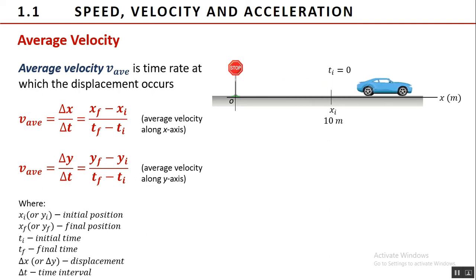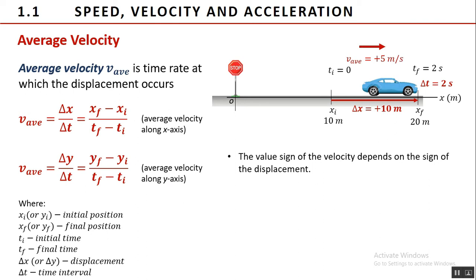Then, the car moves and reaches the final position 20 meters 2 seconds later. So the car's displacement is positive 10 meters for a time interval of 2 seconds. Hence the average velocity of the car, which is delta x over delta t, is positive 5 meters per second.